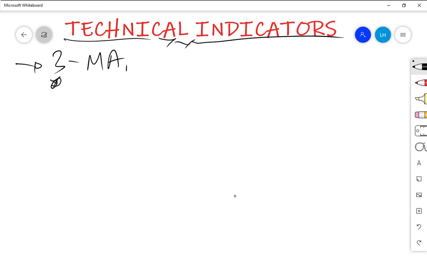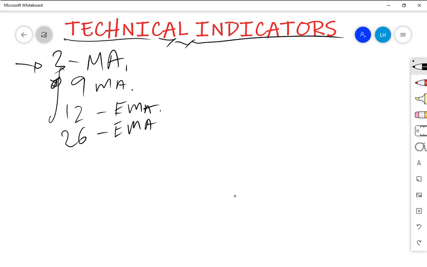So it has 3 moving averages: a 9 period moving average, a 12 exponential moving average, and a 26 exponential moving average. They are incorporated together. It doesn't mean they are free, that you can see them as we usually see moving averages.